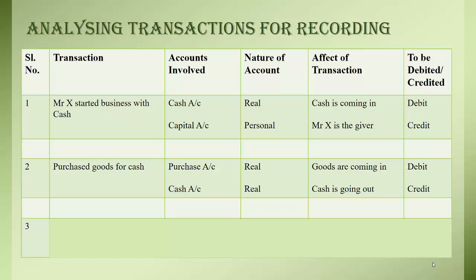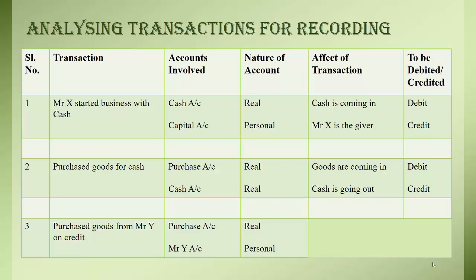Let's take another example. Purchase goods from Mr. Y on credit. Here the goods are purchased not for cash but on credit. So the accounts involved in this transaction will be purchase account and Mr. Y account. Purchase account is again a real account but Mr. Y account is a personal account.